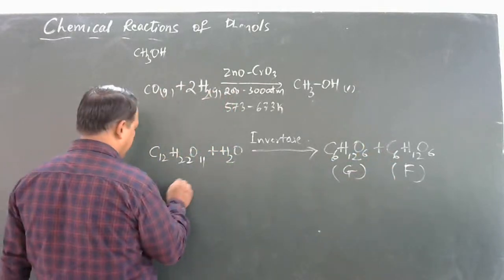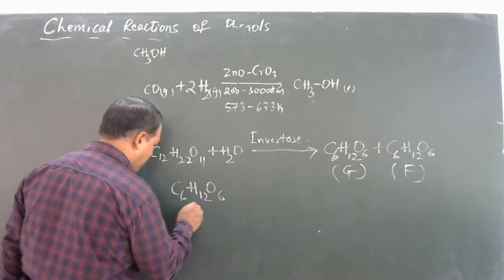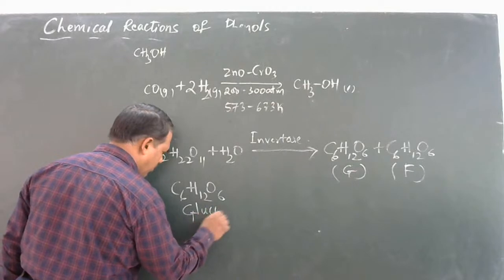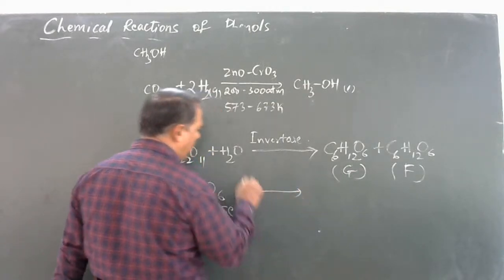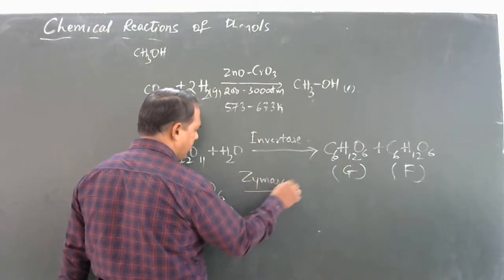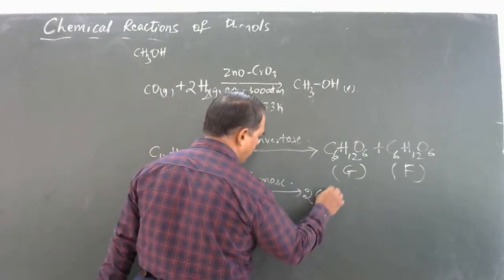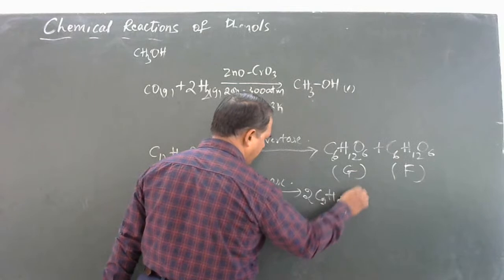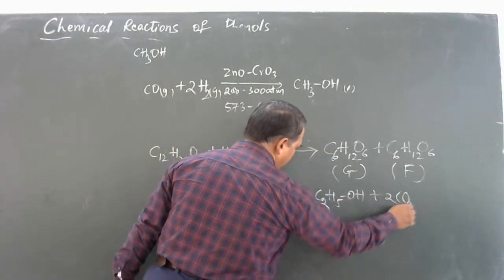This C6H12O6 is called glucose. Again, on fermentation by the enzyme zymase, it gets converted into 2C2H5OH, ethanol, and carbon dioxide gas is liberated.